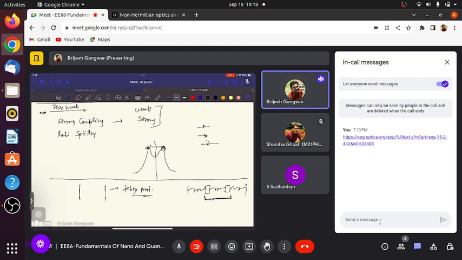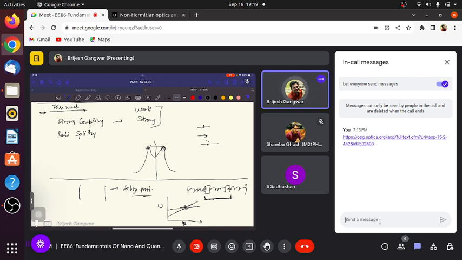Yes. So let's say one is omega, and you can say this one. So if you have two frequencies, two resonators with two oscillations, then when they are crossing, at the crossing they split into two. This splitting comes under strong coupling.